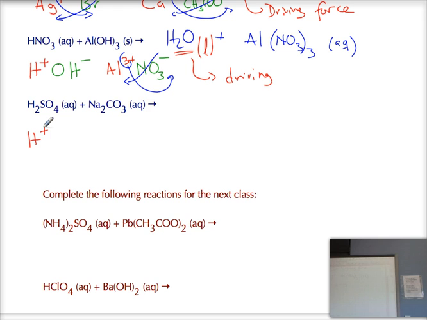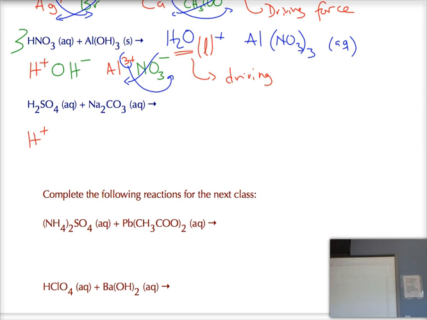Oh, sorry. Before I go into that, let me not forget that I did not balance the one on top. So let's check for balancing. I've got aluminum, and I have 3 nitrates. The nitrates are coming from here. There's only 1 nitrate here, so if I put 3, I now have 3 nitrates. This has 3 plus 3, 6 hydrogens.